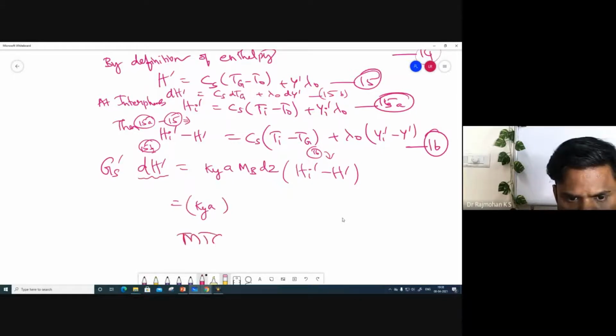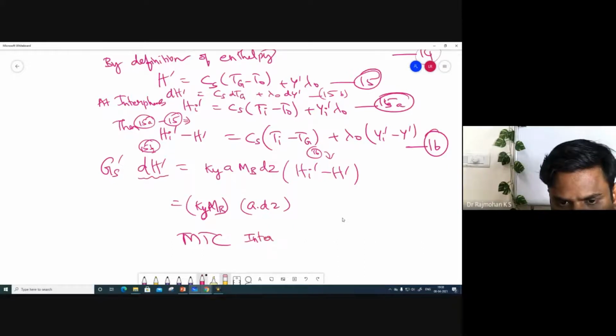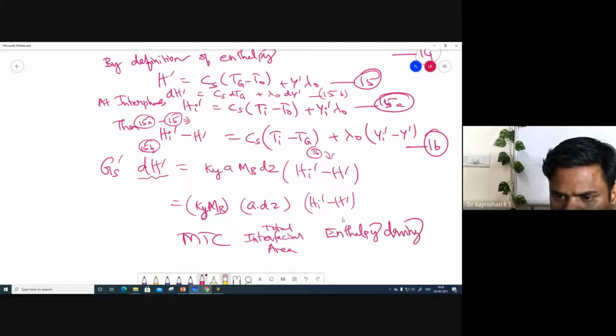It is the mass transfer coefficient. What is a into dz? It is the total interfacial area. And what is Hi' minus H'? It is the enthalpy driving force between the interface and the bulk.